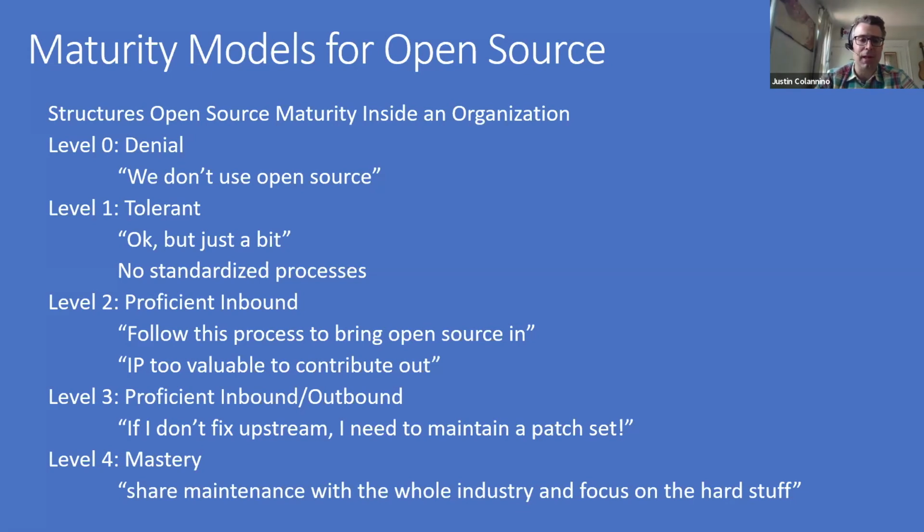The next level is actually kind of where I think Microsoft is almost. Different parts of the company are at different levels, like Windows is at one level and Azure's at another, for example.